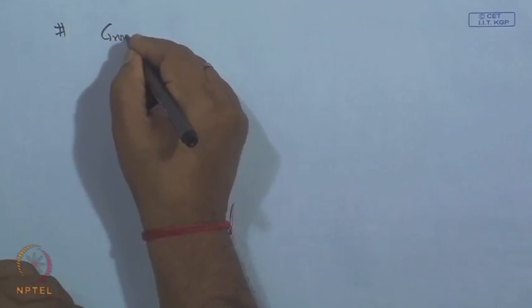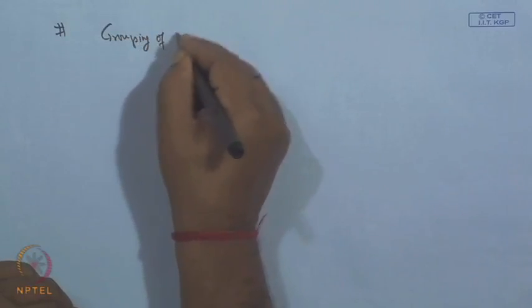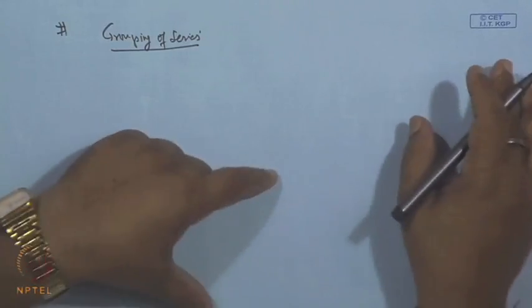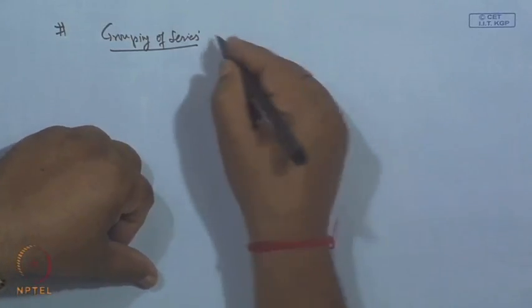This is called the grouping of the series. So what is the grouping of a series? By grouping of a series we mean the following. Suppose a series is given.